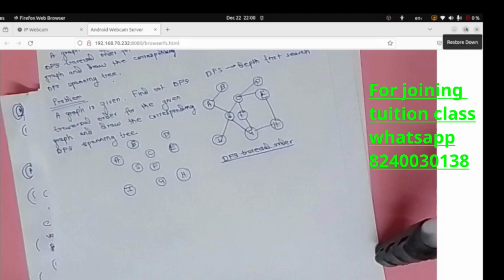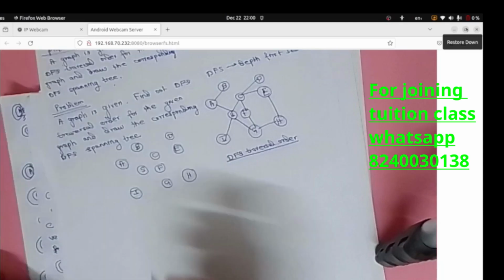This is how push and pop operations relate to DFS traversing of the vertices.